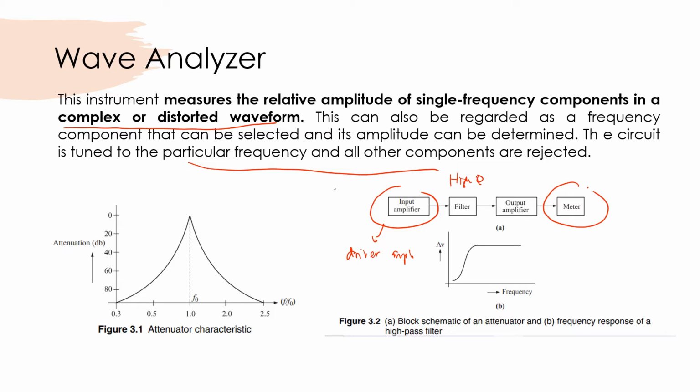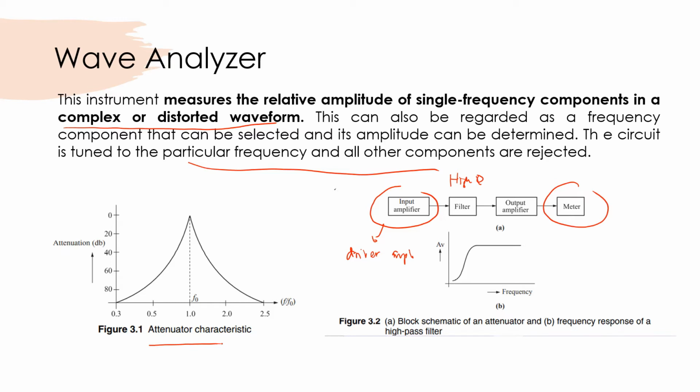Now the attenuation characteristic of the instrument: before the driver amplifier, we go to the attenuator, and this is the attenuator characteristic. The initial attenuation at 1/2 is about 600 dB per octave, or we can see here the attenuation at 1/2 and twice the selected frequency is about 75 dB.